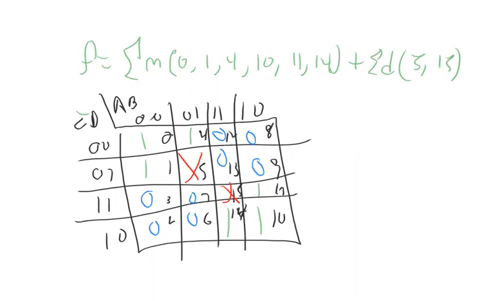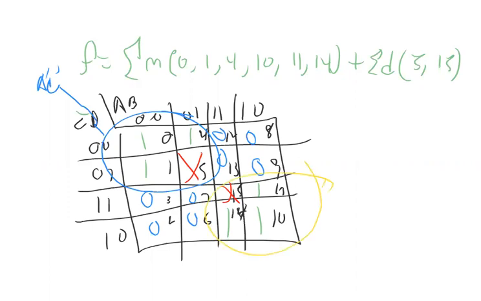Sure. So if we do that in blue, what do we want to call it? What's the product term that corresponds to the blue loop? A prime C prime. It's exactly right. And what else can we loop? 15, 11, 14, and 10.